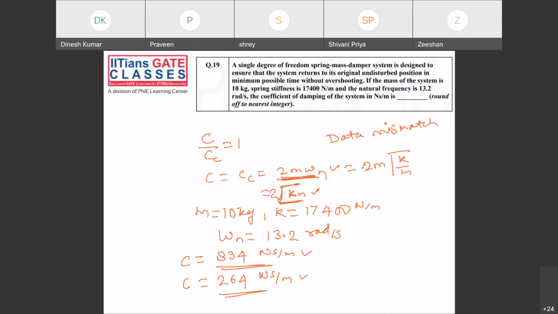If they did not attempt, by seeing this kind of mismatch or whatever the reason, they did not get marks. Earlier, sometimes if there was a mistake in the question, they would give marks to everyone, but that didn't happen. So this is the conclusion from this question.